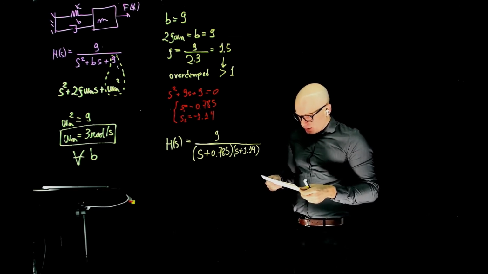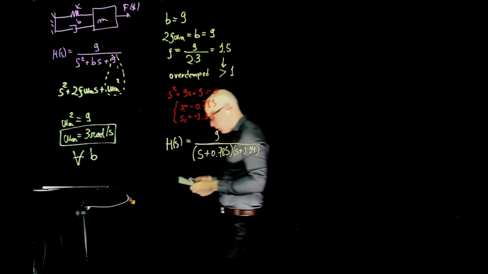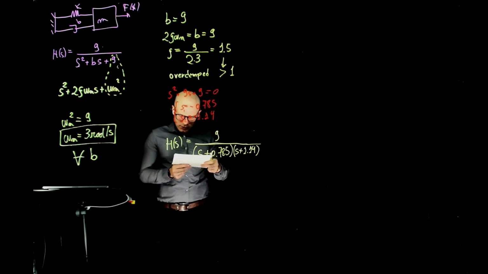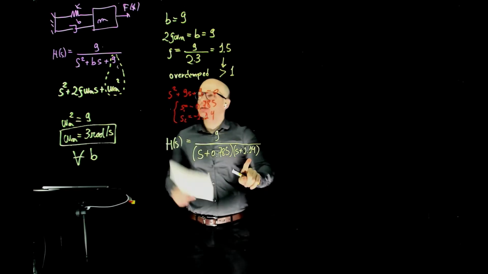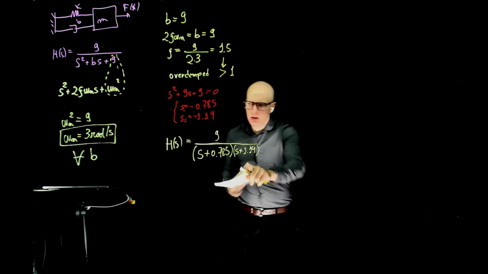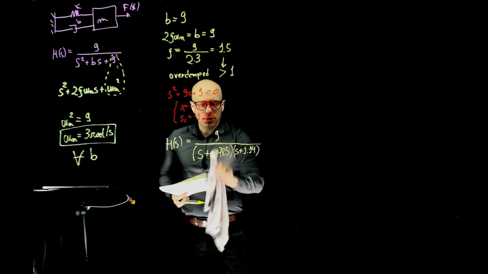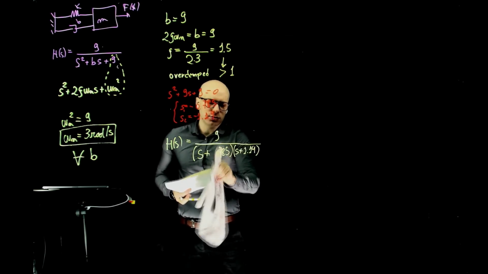When you multiply them out, we should get that. This is strange because when you multiply this, we don't get 9. So I think there's a mistake here. This should be 7.8. That's the only way you would get 9.